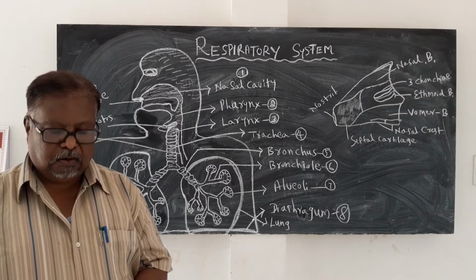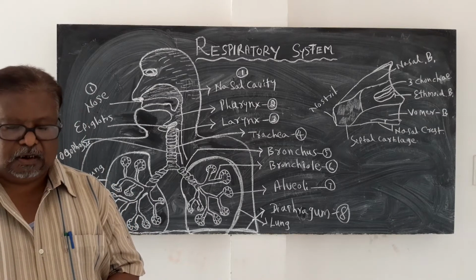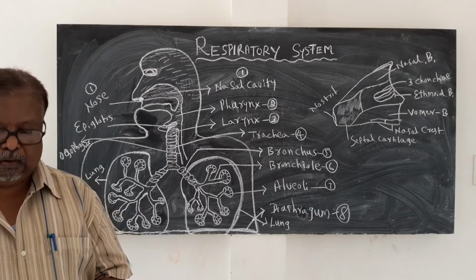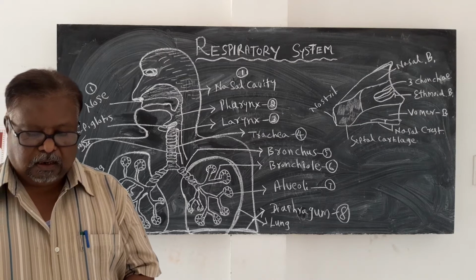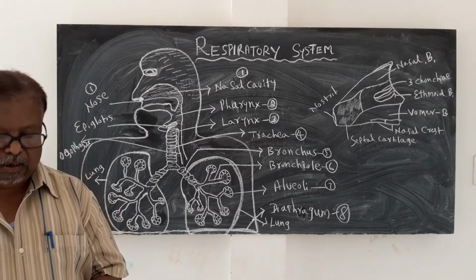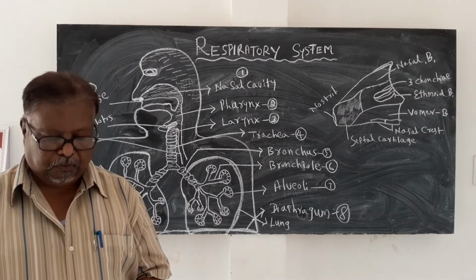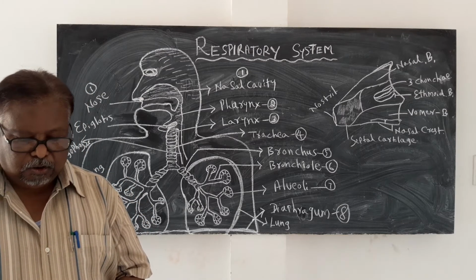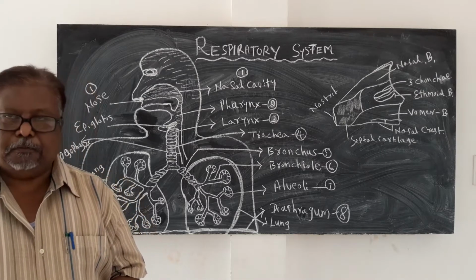So respiration includes two major types: external respiration and internal respiration. External respiration takes place in the lungs. The oxygen is absorbed from air into the blood, and carbon dioxide is expelled out from the blood into the air. The internal respiration takes place at the tissue level, wherein the oxygen is transferred from the blood to the tissues, and the carbon dioxide is taken from tissues into the blood.